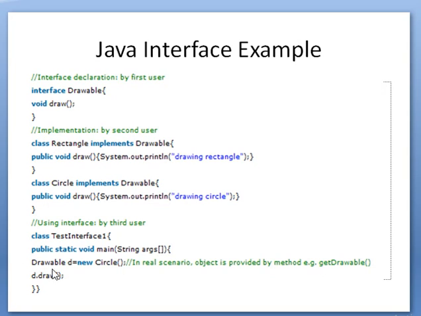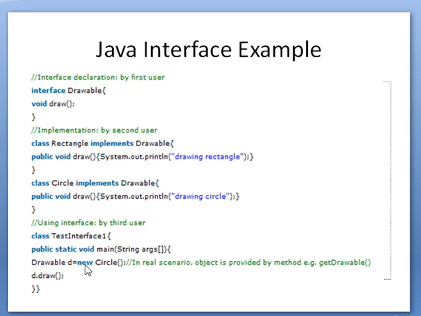So it depends upon for which class you are creating the object. Suppose you are creating an object of the Circle class, so d.draw will go here and call it. So it will call the draw method of the Circle class.